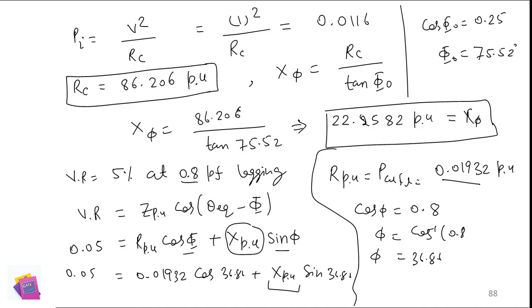Okay, so you will get this value X per unit. It is easy only. How to find out X per unit? After solving this, you will get something like 0.0575556 per unit. R per unit already you have calculated, 0.01933.